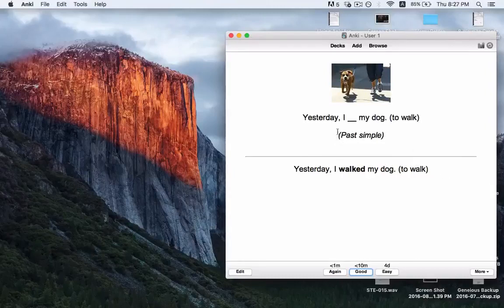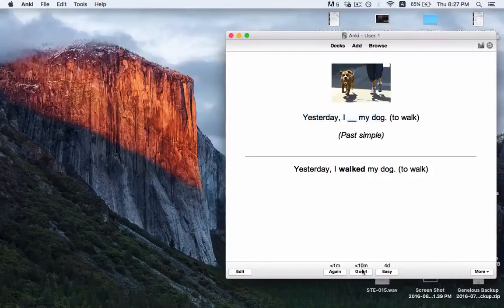So for instance, if the hint wasn't there: yesterday, I something my dog, with the verb to walk, can only really be the conjugation of something in the past tense, whether it was past simple, I walked, or past continuous, I was walking, etc. But including words like yesterday at the start really goes a long way in the long term with you learning conjugations and associating tenses and times with these sorts of words that may precede or follow this part of a sentence.